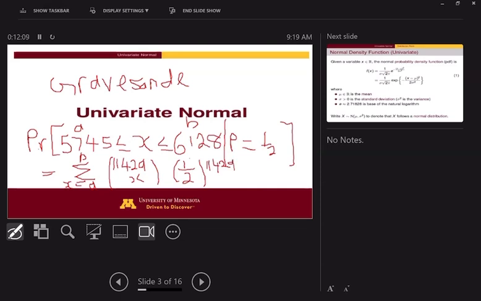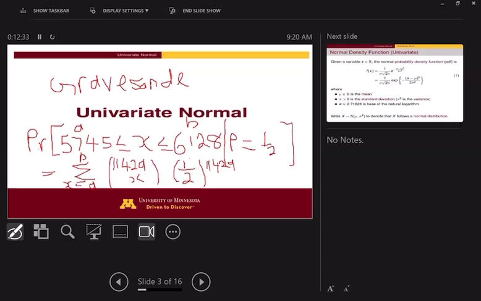Graunt, a Dutch mathematician, wanted to figure out this problem. And to figure this problem out, he was going to use binomial. But with binomial distribution, because the sample size is large, the sample size is 11,429, using binomial distribution is going to be complicated.